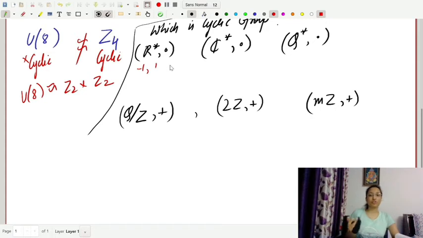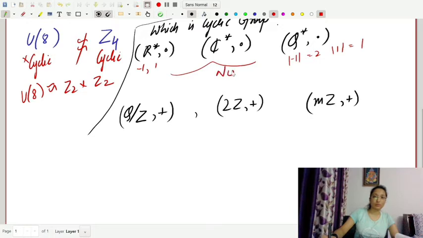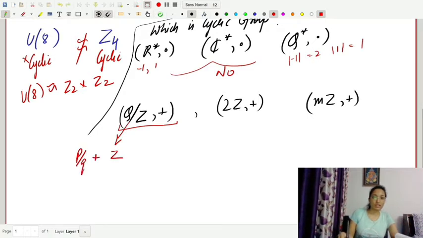Basically, the whole group is not generated by one element, and in complex, elements of finite order are infinite. In rationals, minus 1 has order 2 and 1 has order 1. It is also not cyclic. And for Q modulo Z, we have many elements of finite order, because its elements are of the form p by q plus Z, if p and q are relatively prime.